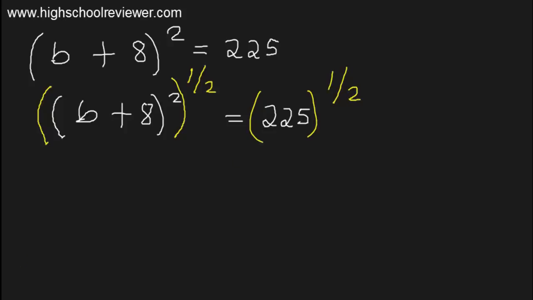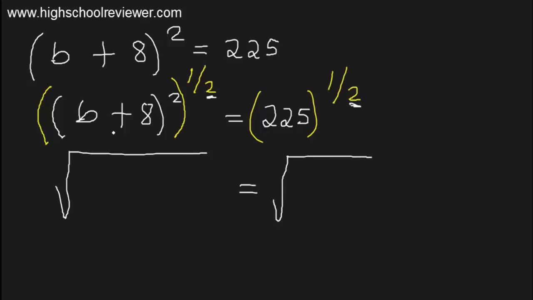Now, since the denominator of the two exponents is 2, this will be equal to the square root. So the square root, and then our base on the left will be the quantity of b plus 8 raised to the power of 2. And this will be raised to the exponent.